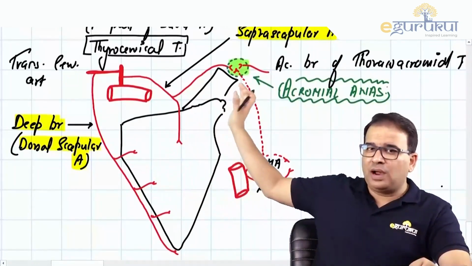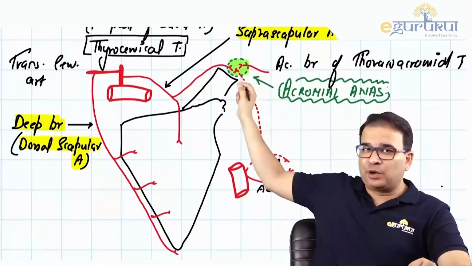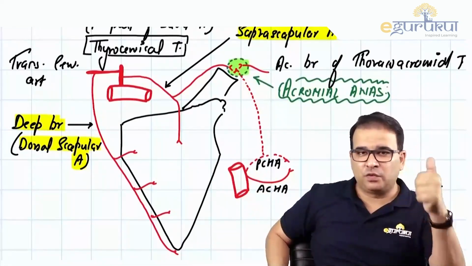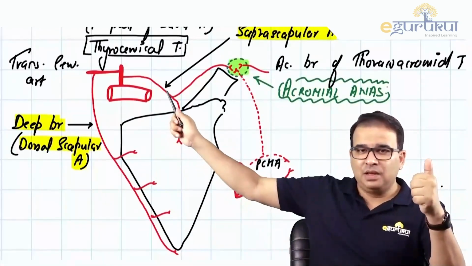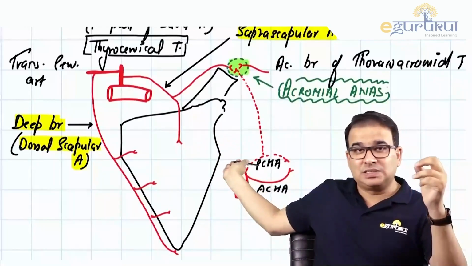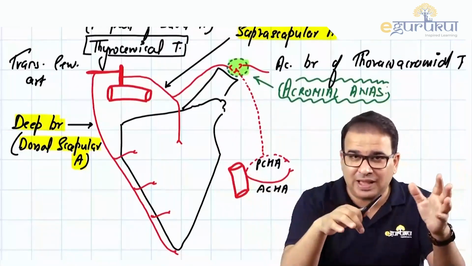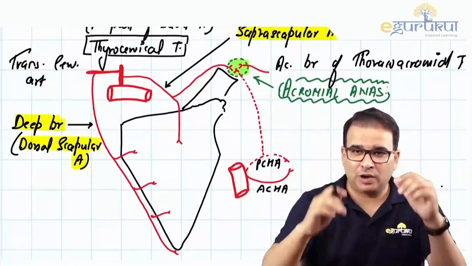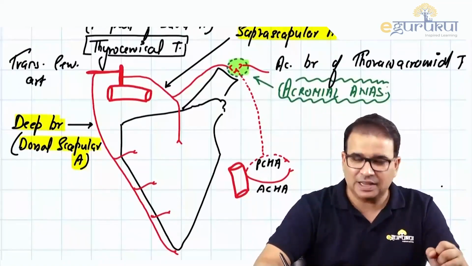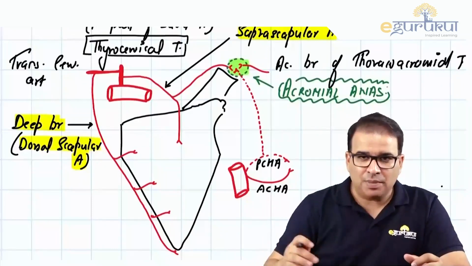But before that, I'm looking at an anastomosis taking place at the acromion process by the 3 acromial branches. From where? One from the suprascapular, one from the posterior circumflex humeral artery, and one coming from the second part of the axillary artery, that is from the thoracoacromial trunk. That's an acromial anastomosis.